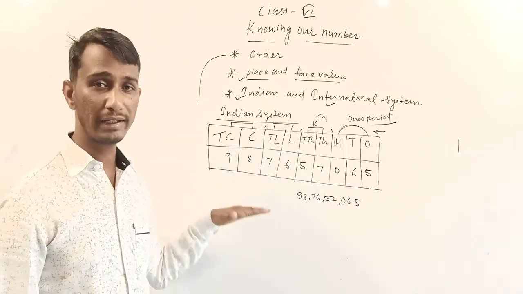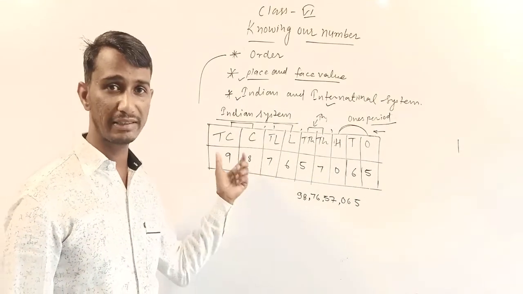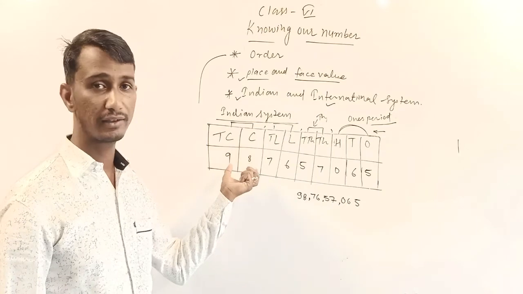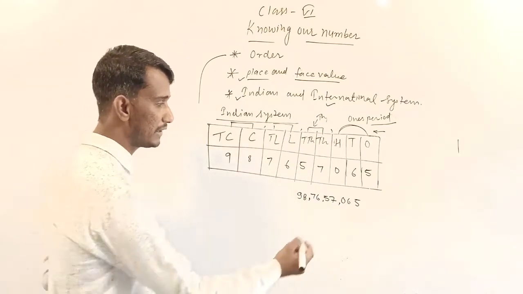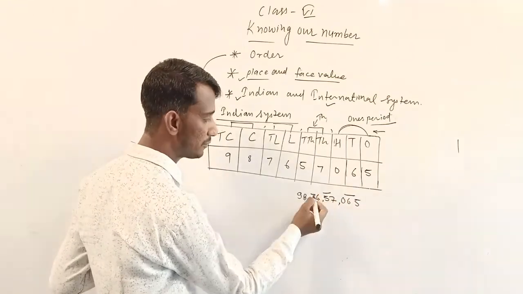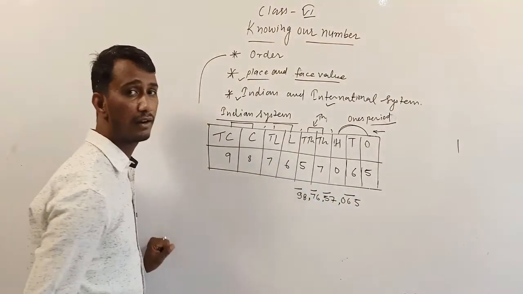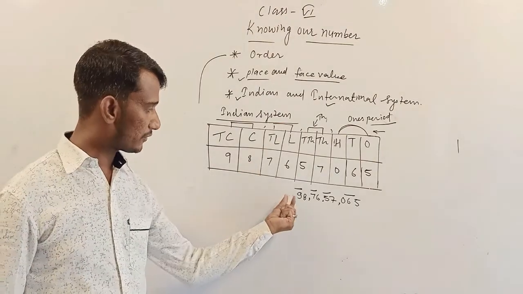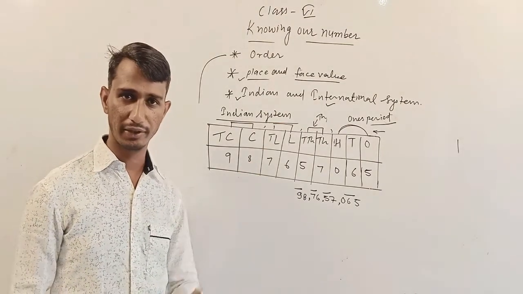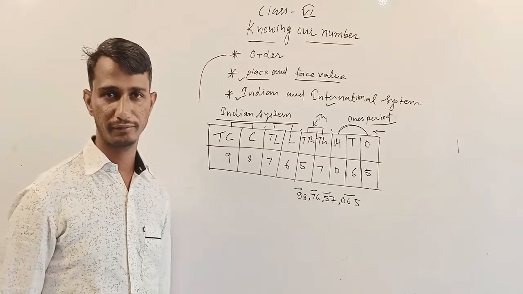Now how to use this table, or this Place-Value chart, to read this number. Now check. This is the ones period, this is the 1000 period, this is the lakh period, this is the crore period. So we start from the left side and first we read the crore period. How many crore are there?